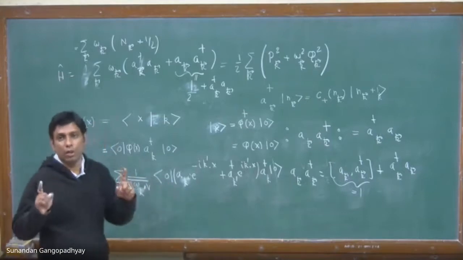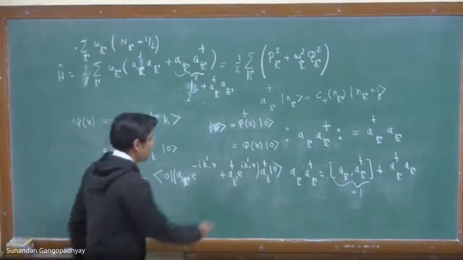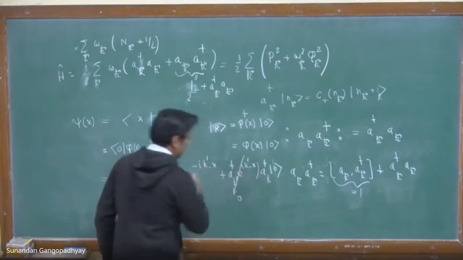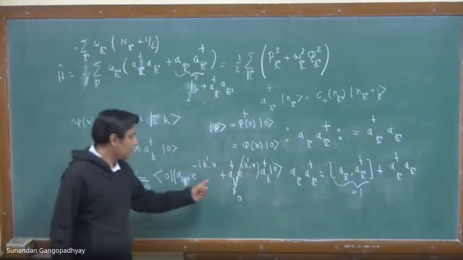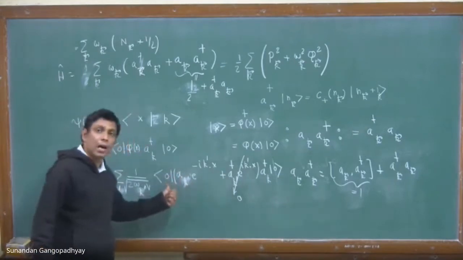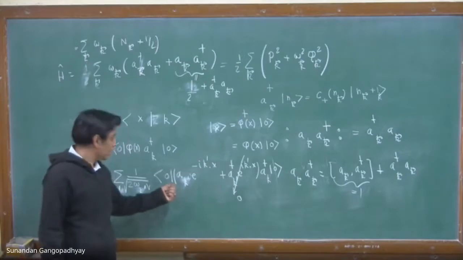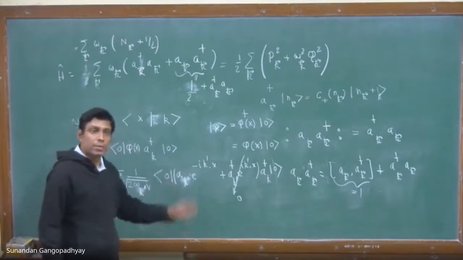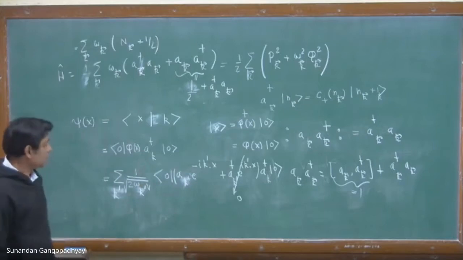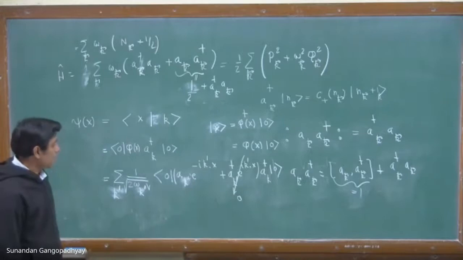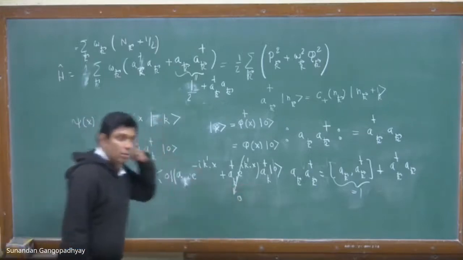Therefore, they are orthogonal, so it is 0. Also, you can look at it from another direction: a dagger k acting on the bra of the vacuum gives 0. It annihilates the bra, like the vacuum state. So this particular term is 0.